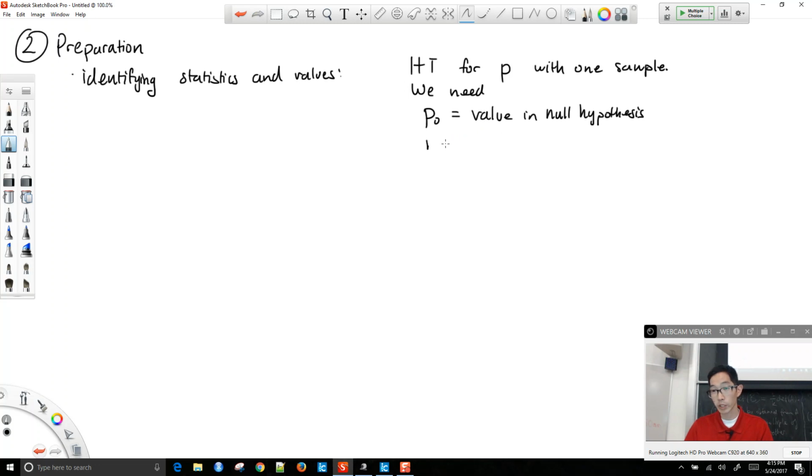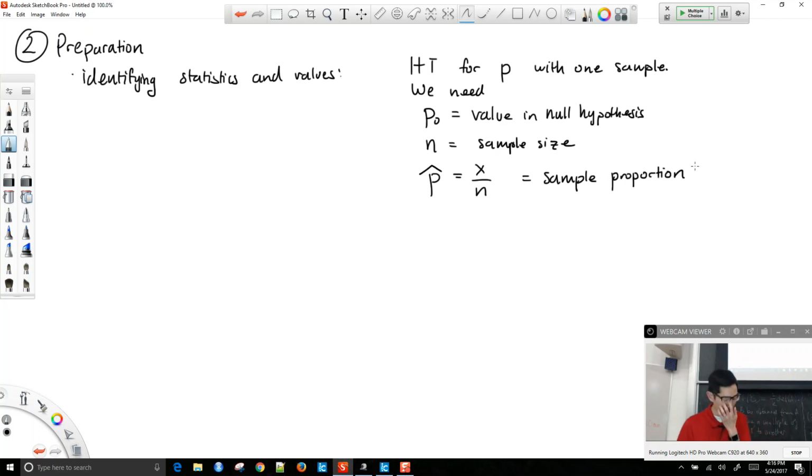We need N, the sample size. And we need P hat, which is X divided by N, the sample proportion. Those are the statistics and values we need.